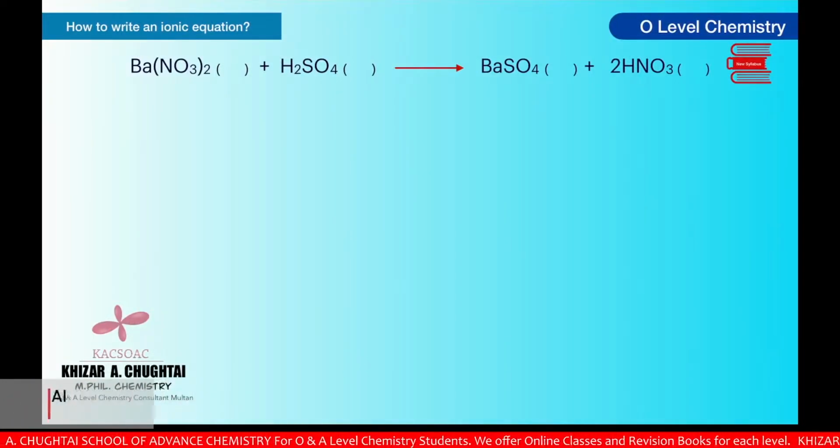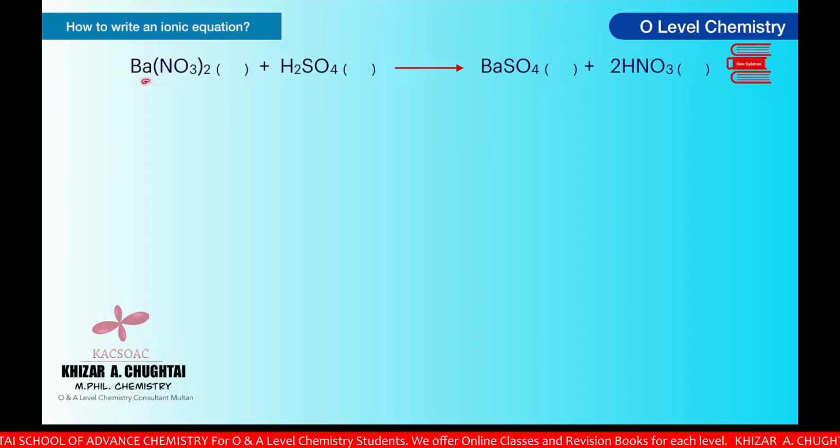In this case, barium nitrate is an ionic compound. All nitrates are water soluble, so it is aqueous. Sulfuric acid is an acid, and all acids are water soluble. Barium sulfate is a famous exception, a famous insoluble compound. It is not soluble, it will be solid. And again, nitric acid is an acid and also has a nitrate ion, so it is water soluble.